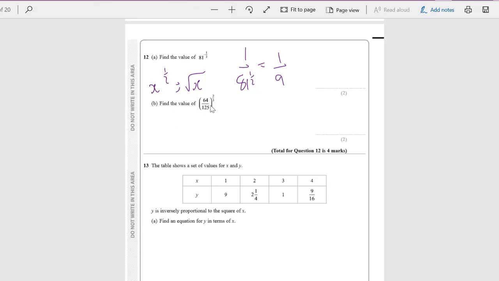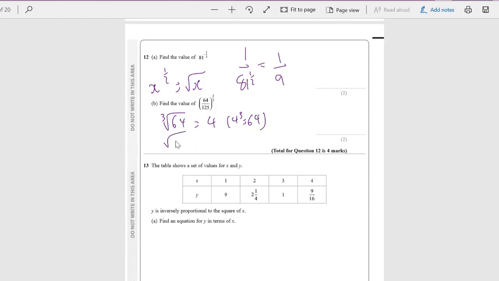Find the value of 64 over 125 to the power of 2 over 3. So the first thing we can do is cube root. So let's cube root 64, and that's going to give us 4, because 4 cubed is 64.